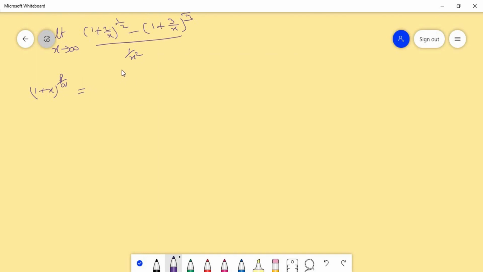But here we get one problem. In the denominator, degree is 2. So that's why these two are taking up to x square term. Earlier time we are taking up to x term only. But here we need to take up to x square term.